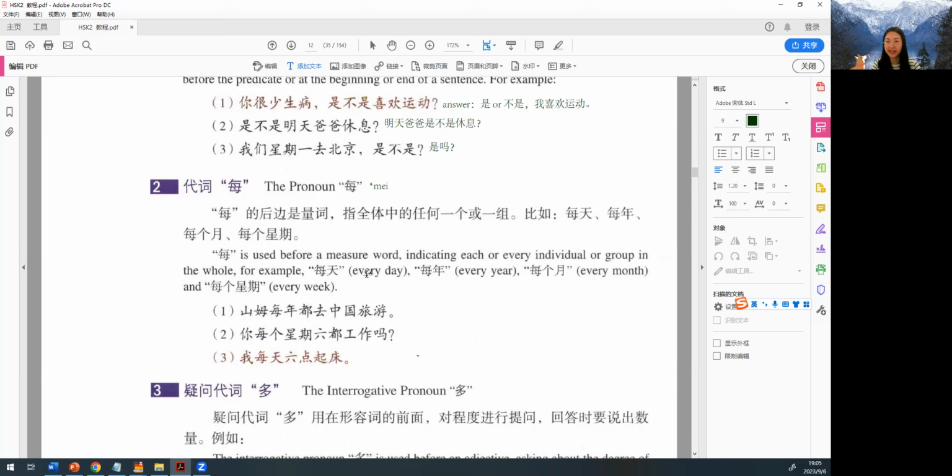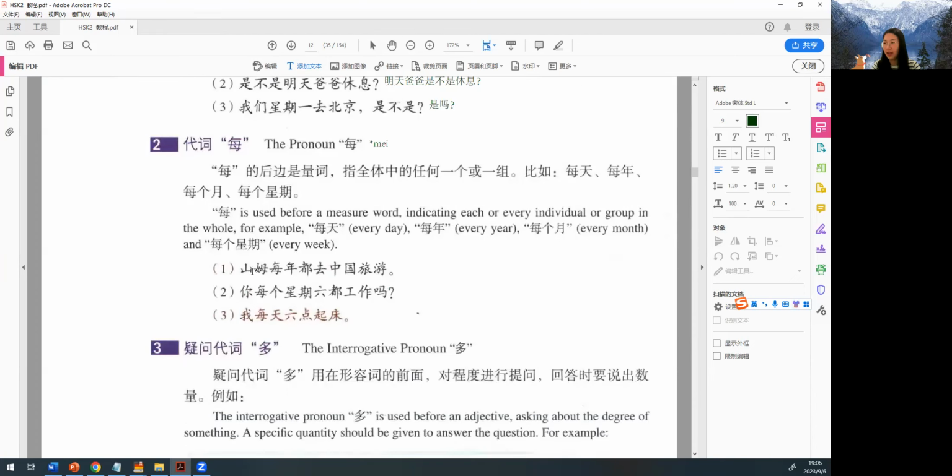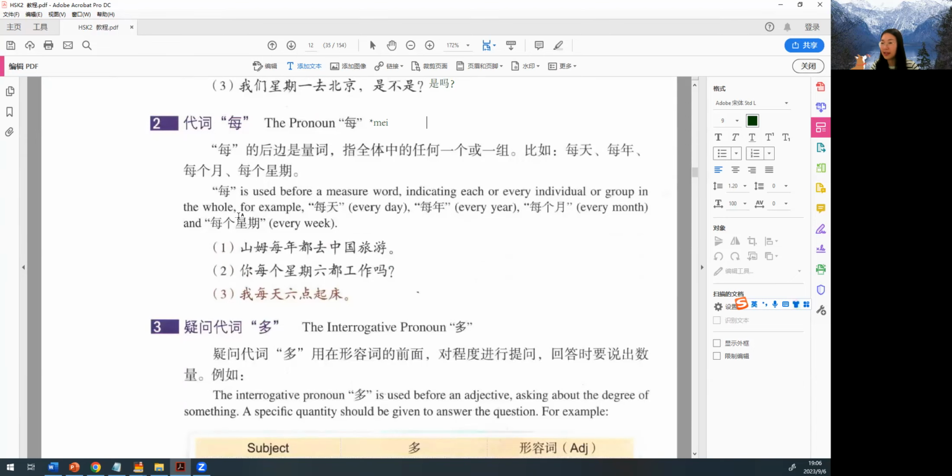Here is 每天, 每年, 每个月, 每个星期. Examples like the first, 山姆每年都去中国旅游. 山姆 is a name, so Sam goes to China for traveling every year.